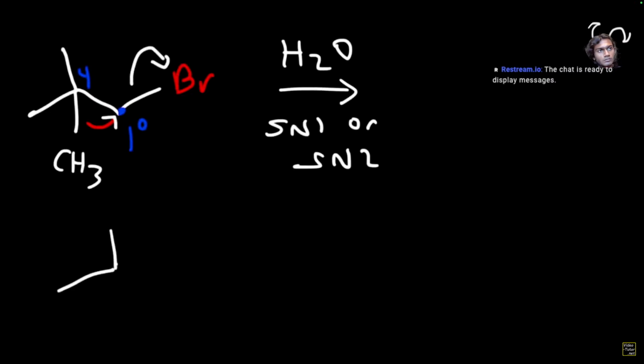By doing this, we can avoid the formation of an unstable carbocation intermediate. So rather than getting a primary carbocation, we can jump to a tertiary carbocation. And so that's what happens in this reaction.